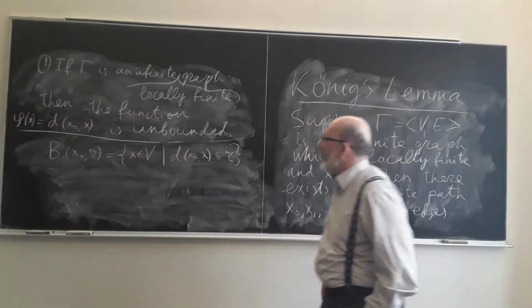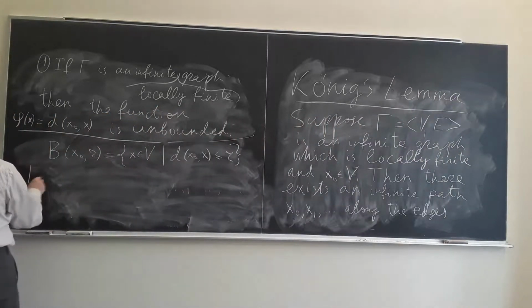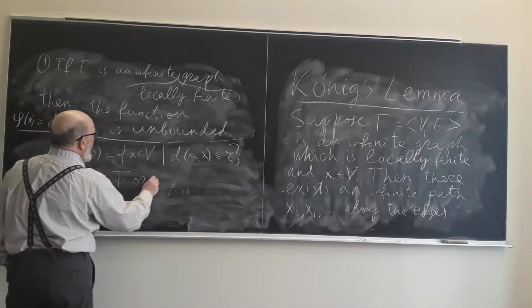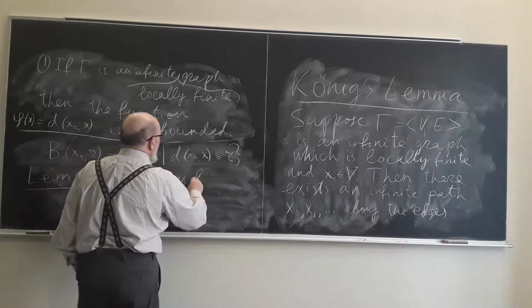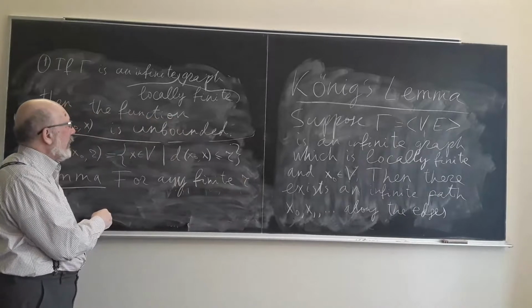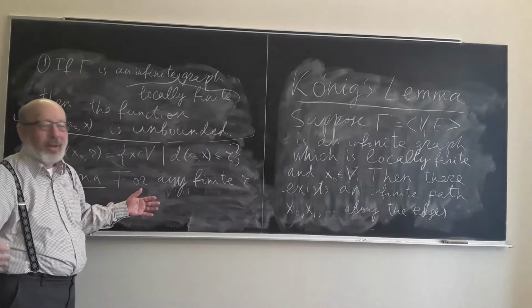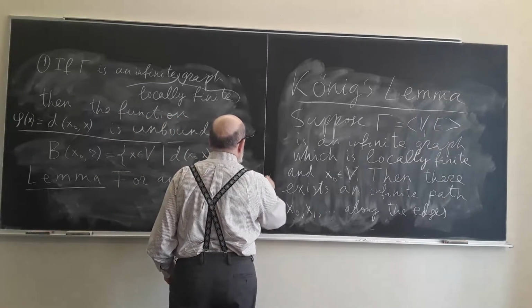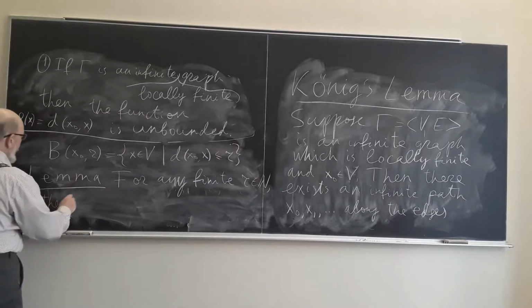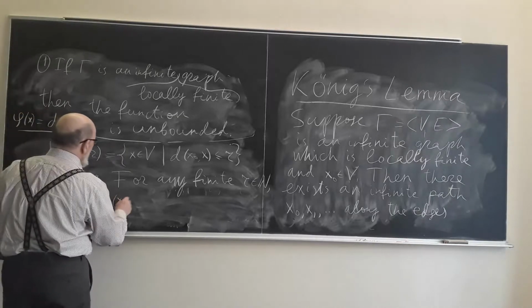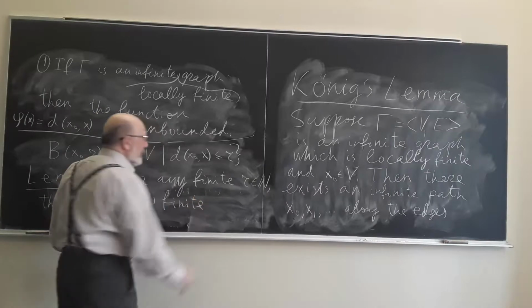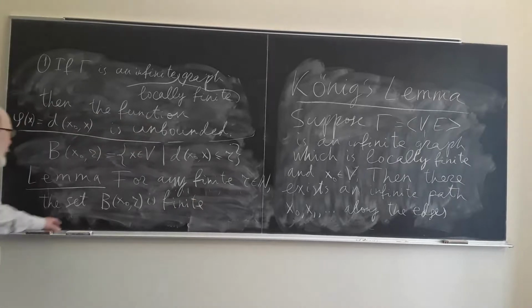Lemma: for any finite R, where R is an integer because the distances are all integers, R in N, the set B(x0, R) is finite. Okay, why?